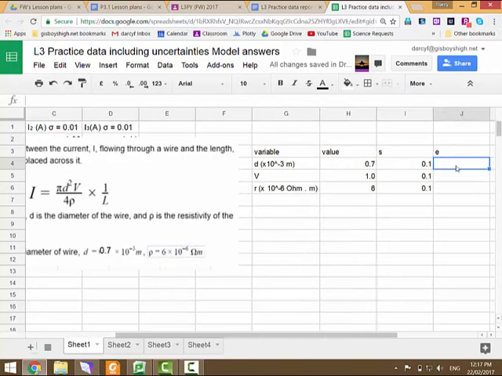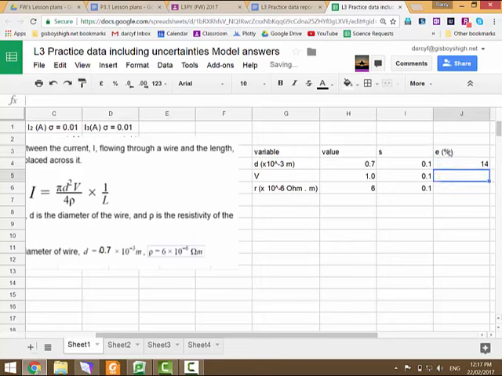Okay, so my percentage error equals, what's this as a percent? Well, it's the value of the absolute error divided by the actual value multiplied by 100. We only want 2 significant figures, so let's round that to 14, and remember that's as a percent.